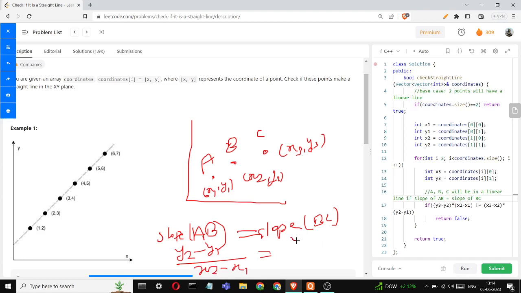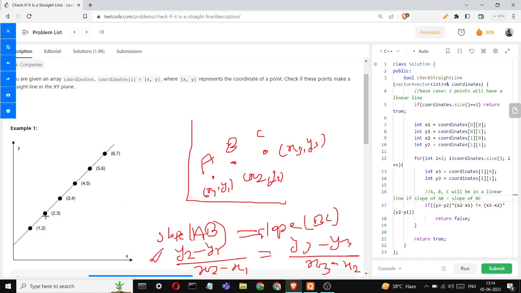So it is y3 minus y2 upon, not x2 minus x1, sorry, x3 minus x2. So if the slopes are equal, then we can say these 3 points will be in a singular line.